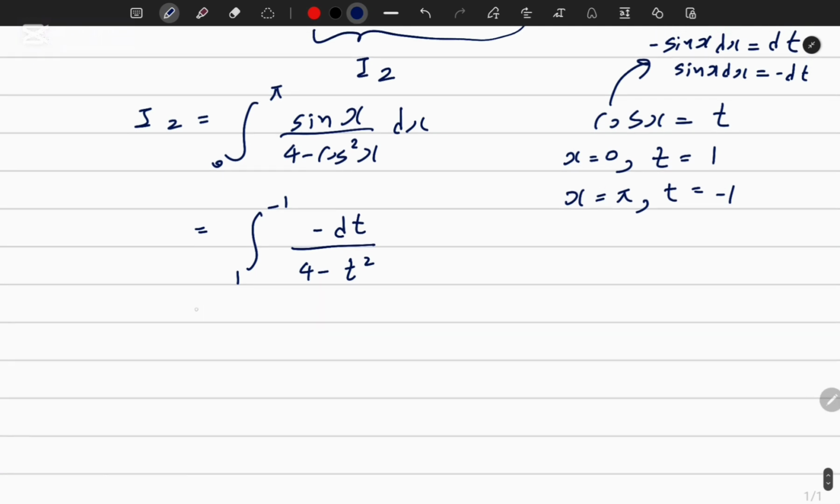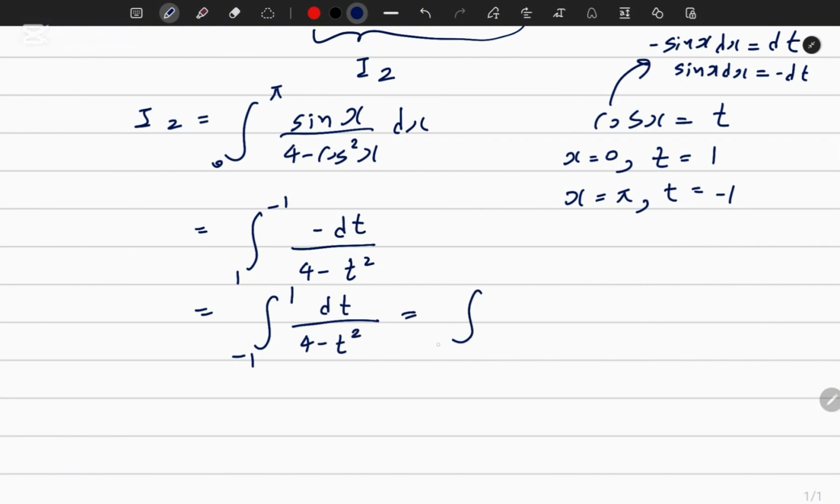So I will change this as minus 1 to 1 dt. I multiplied by minus with the limit, so the limit changes because of that. So this is 4 minus t square.